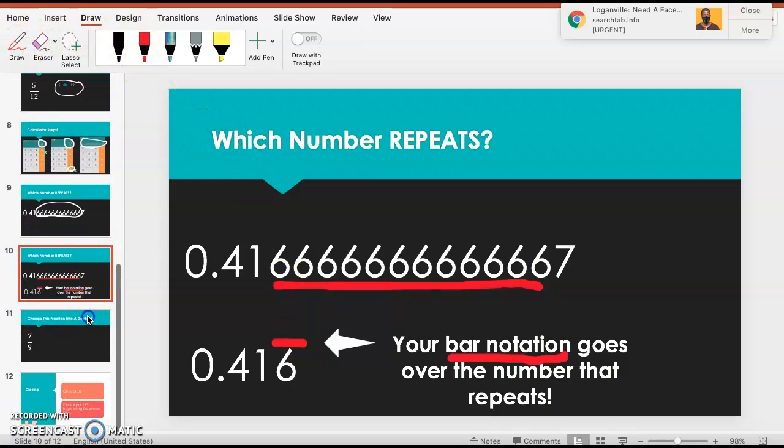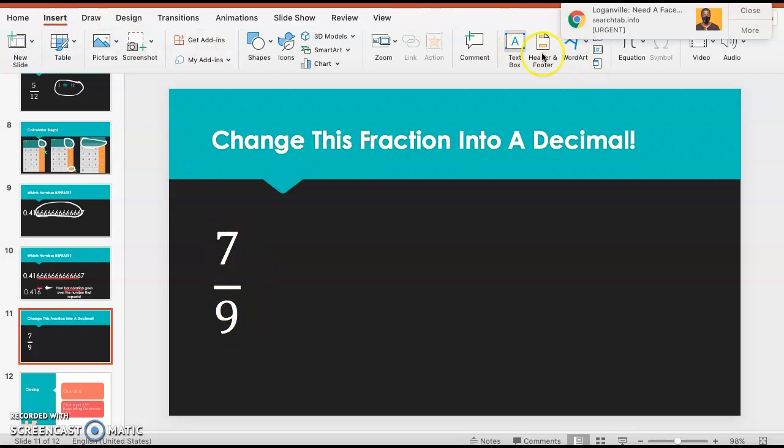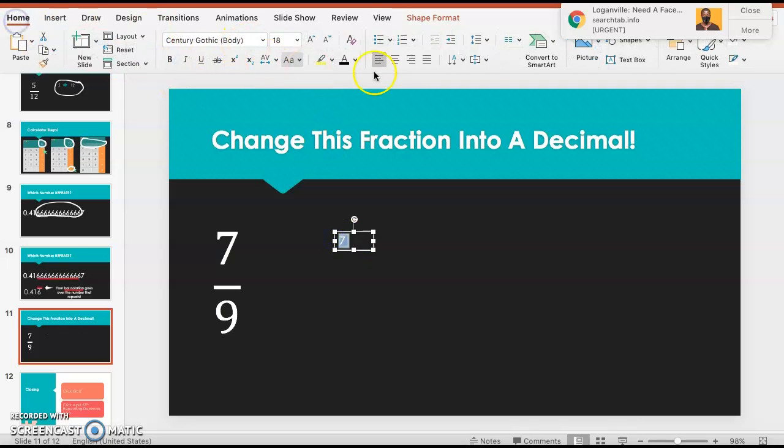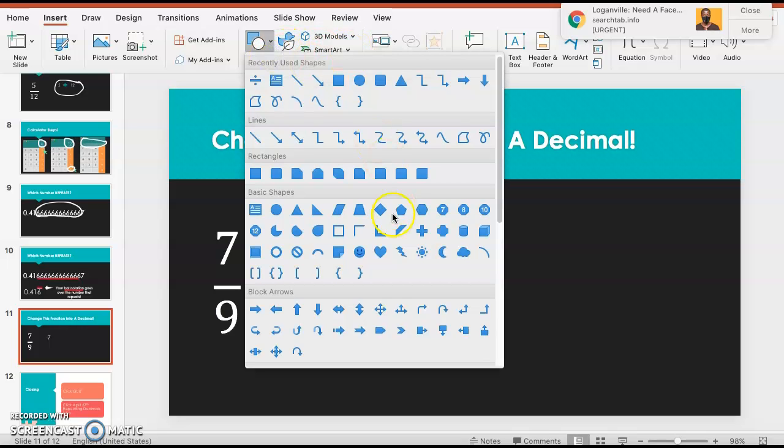Let's try another one. Let's try this one together. You have 7 over 9. We discussed earlier that 7 over 9 really means 7, and let's make this big so we can all see it. It means 7, and then let's insert the dividing sign because we are going to be using division here.